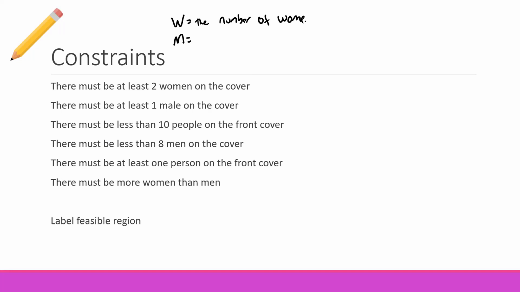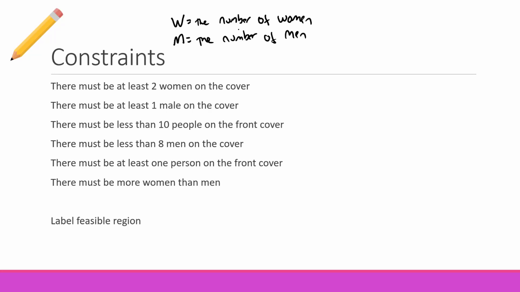So don't just write W equals women, M equals man. We want the number of men. Because remember, this could be different things, right? It could be the number of men, the number of males, or something. There could be the amount that the males are getting paid, the size of the males, how much food the males eat. We don't know what the M is, we just know what they are. So make sure that you write down the number of.